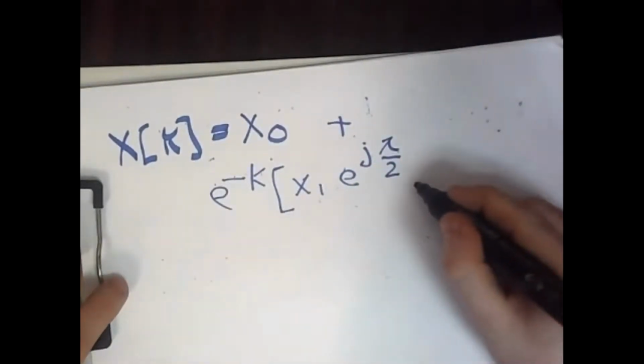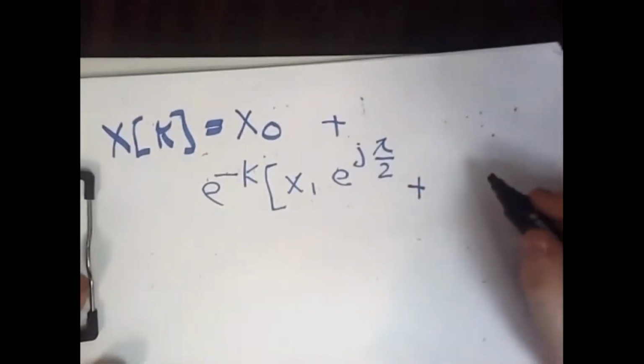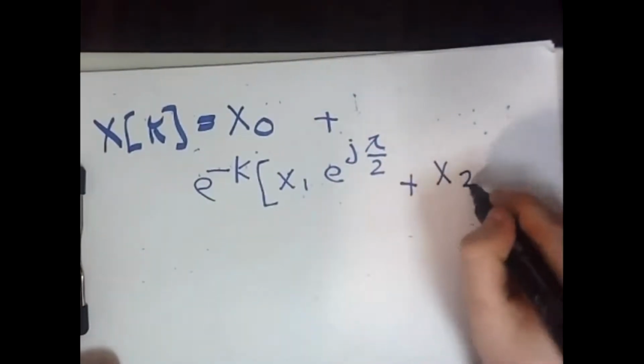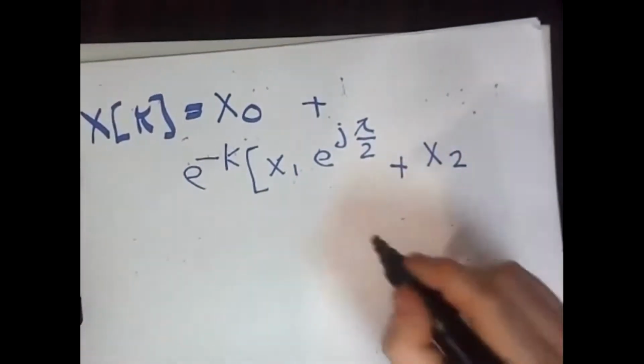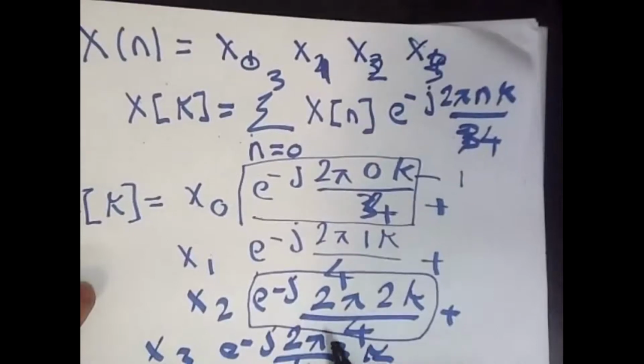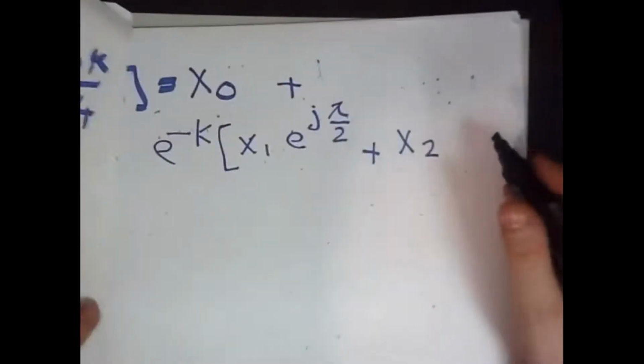Plus, we have again x2. X2 multiplied by, let's see it here. We have e power minus k outside, so we have e power 4 pi over 4, so we have e power j pi.